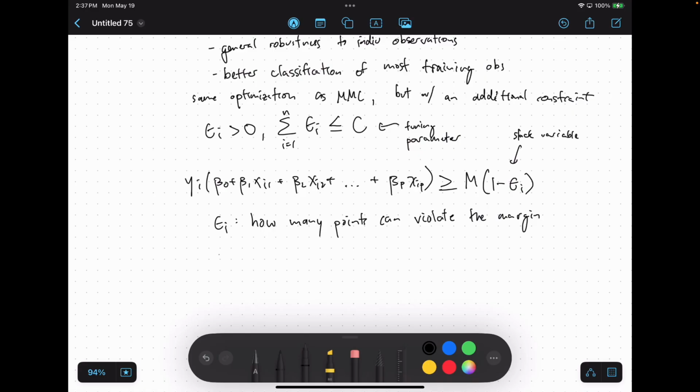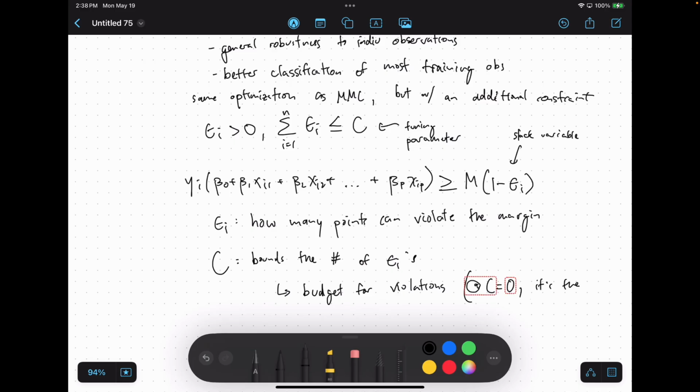And so the trick is that you have this C tuning parameter. So this bounds the number of epsilon i's. So this is essentially like a budget for violations, right? And if you have C equals 0, it's the same as the MMC.